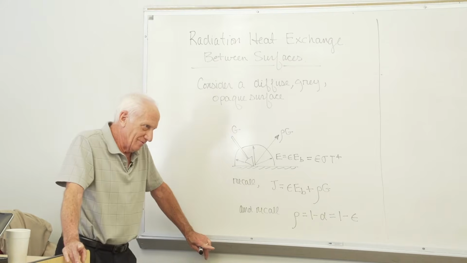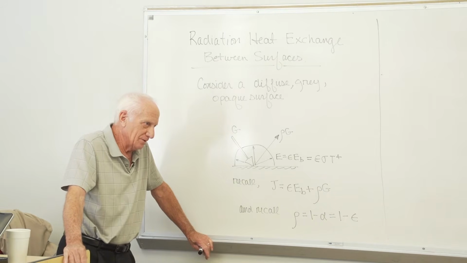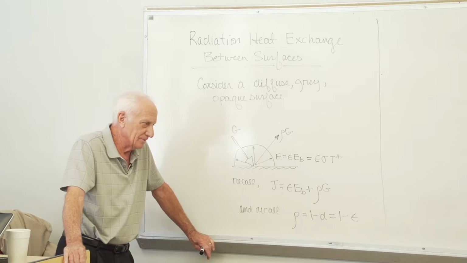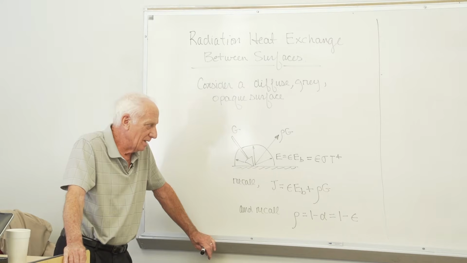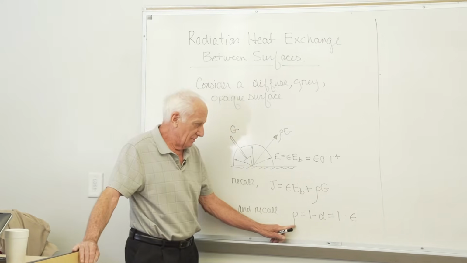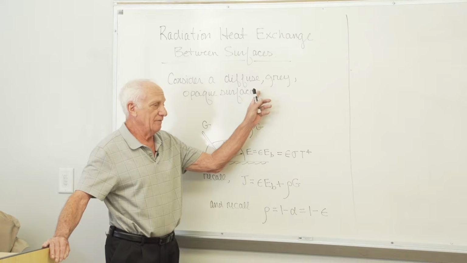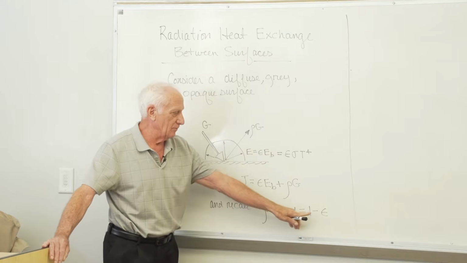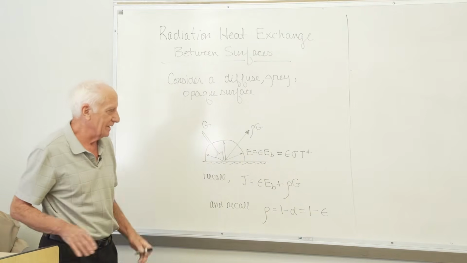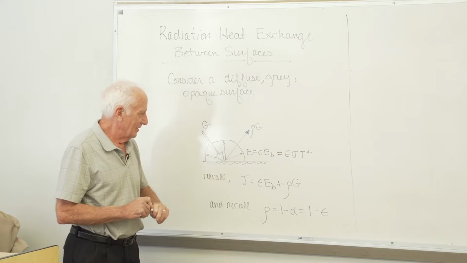Also from chapter 12, we recall that alpha plus rho plus tau equals 1, an energy balance on a surface. For an opaque surface, tau is 0, so rho plus alpha equals 1. So here's what rho is: rho is 1 minus alpha for an opaque surface. For a diffuse gray surface, alpha equals epsilon. That's where we are now.